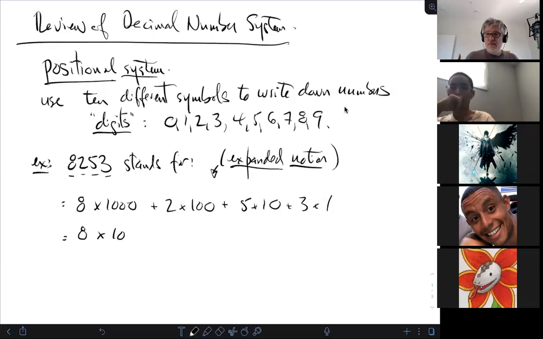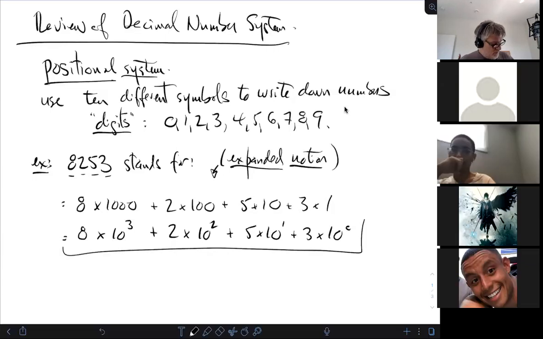So 1,000 is 10 power 3, right? So that's a more compact way of writing it. 100 is 10 power 2, and 10 is 10 power 1. And what is 1? That's 10 power 0, right? Yes, okay.